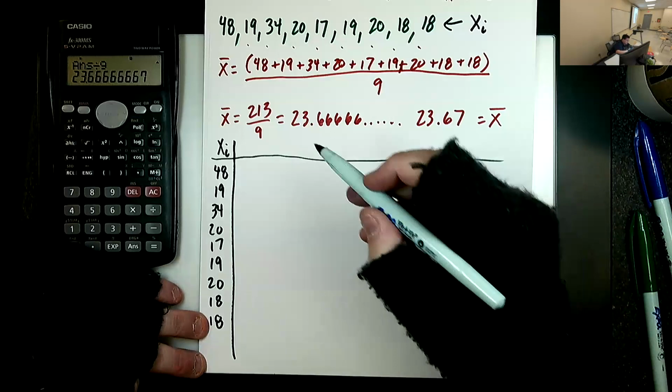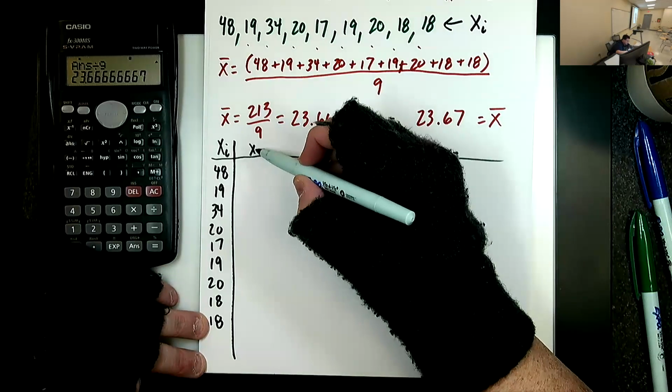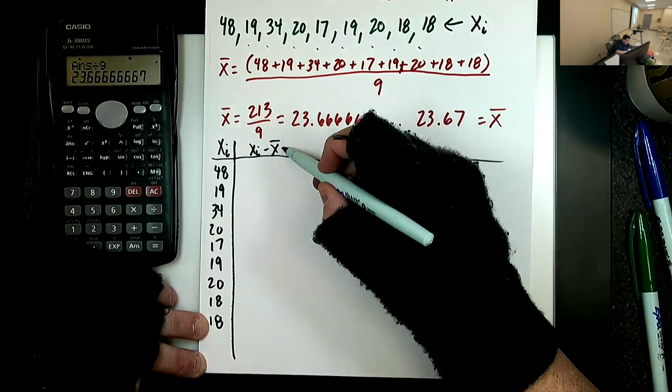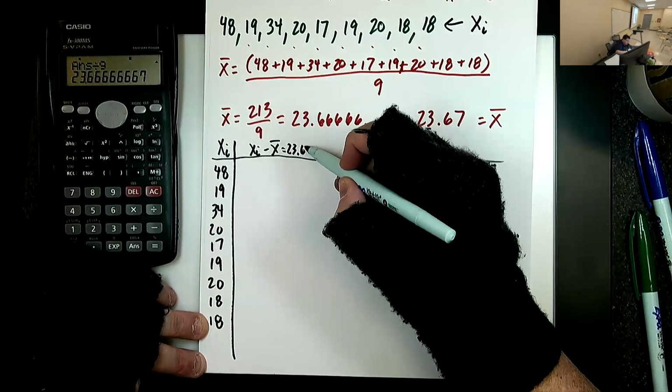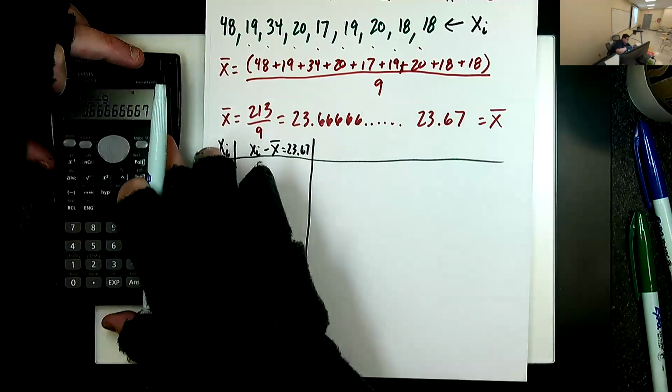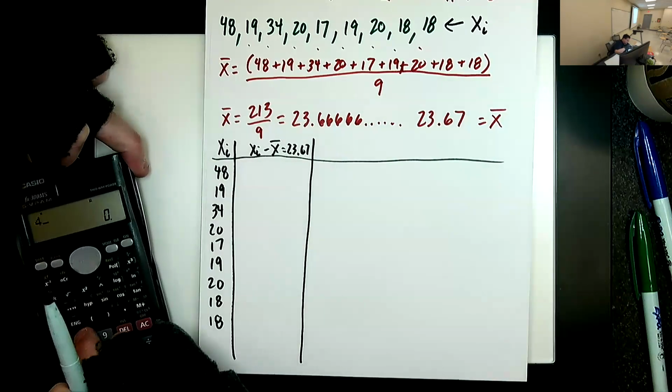And then in the next column, I will do XI minus X bar, which is 23.67. I'm going to work smarter than harder.